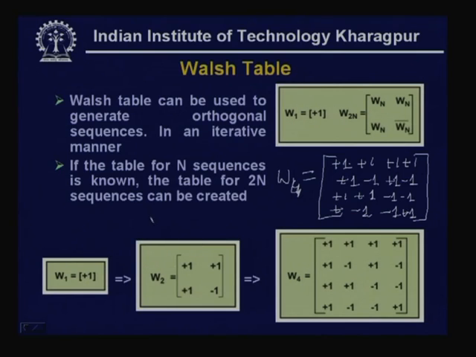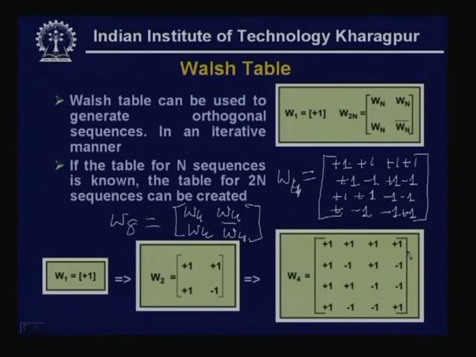Similarly, W8 can be generated. W8 will be equal to W4, W4, W4 and W4 bar. So, in this way you can generate the next bit sequences in an iterative manner. So, if the table for n sequences is known, the table for 2n sequences can be created, and it can be proved that these sequences satisfy the orthogonal property.